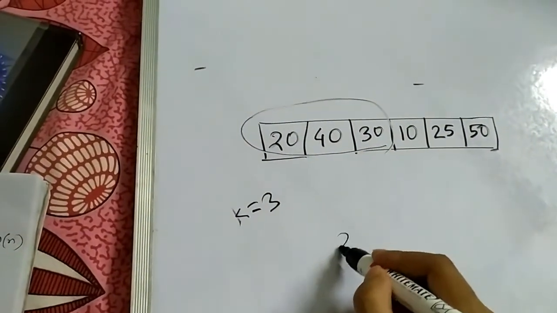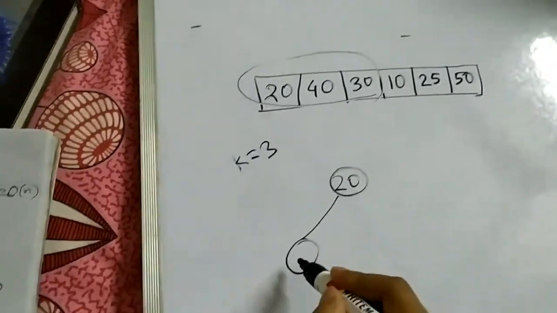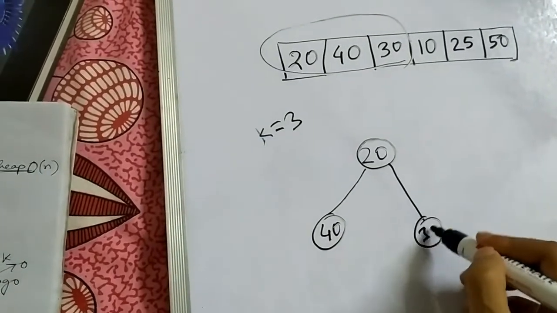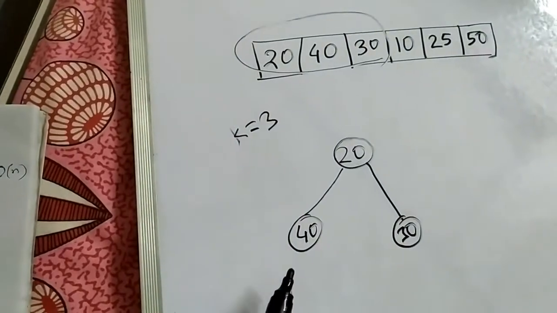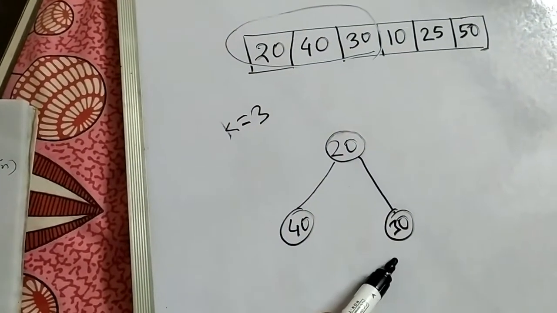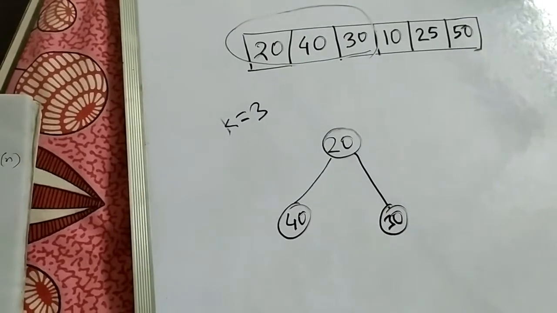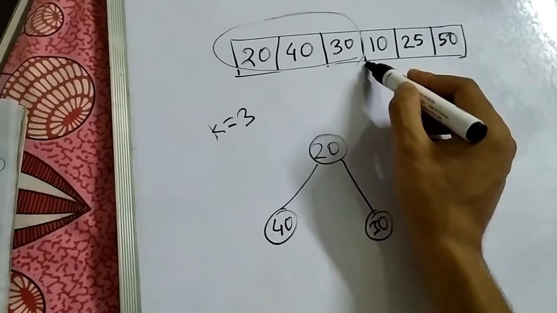That is, my min heap will be like this: 20, 40 and 30. We can clearly see that in this min heap 40 is the first maximum, 30 is the second maximum and 20 is my third maximum. So now I have considered the array up to 30.